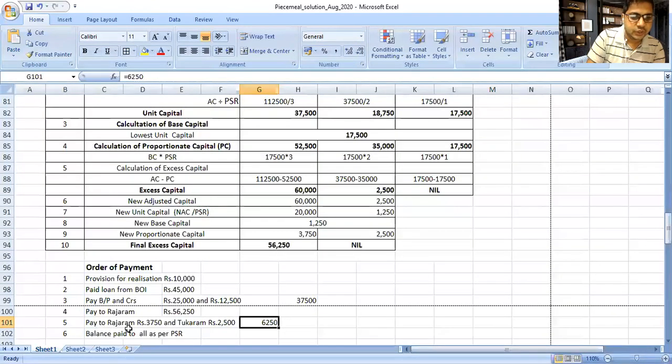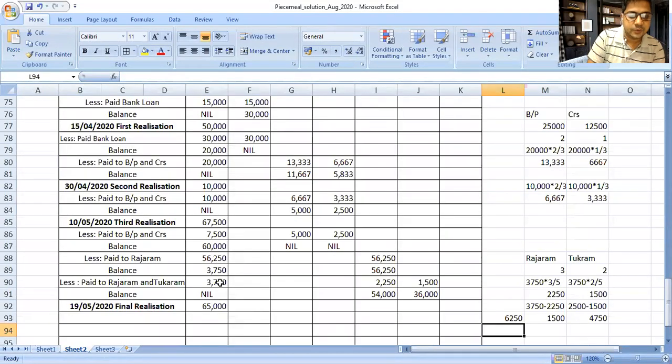I hope you understood. Rajaram's value we have to pay 3750 and Tukaram's value 2500. But it's not possible because cash available was less than the amount to pay. So we paid on a ratio basis 2250 to Rajaram and 1500 to Tukaram, because we have cash available only 3750. The actual amount to pay was 3750 for Rajaram and 2500 for Tukaram, and we paid only 2250 to Rajaram and 1500 to Tukaram.